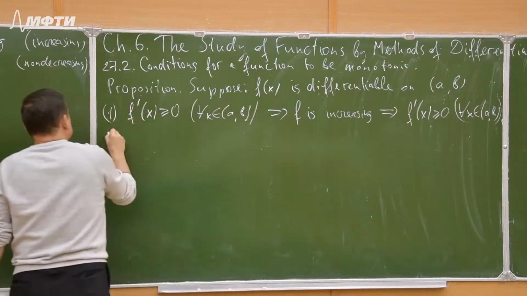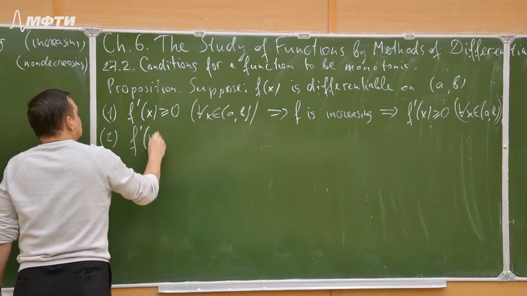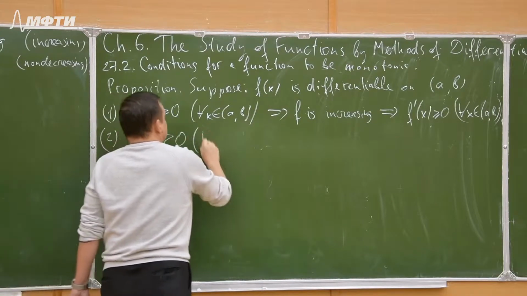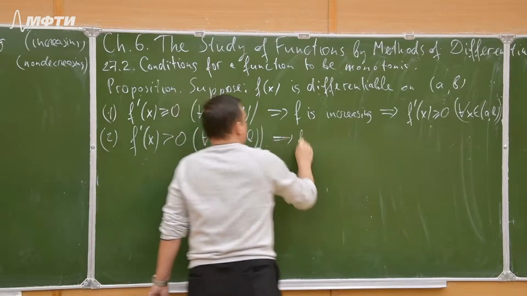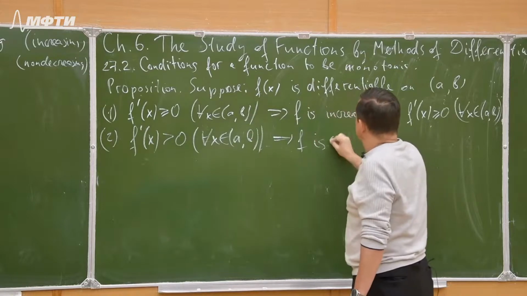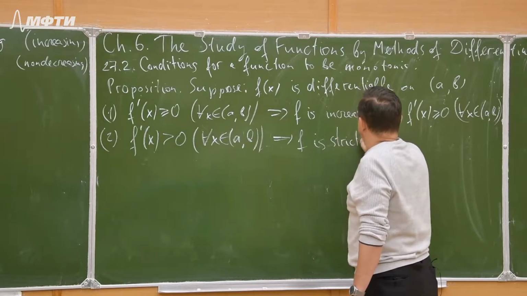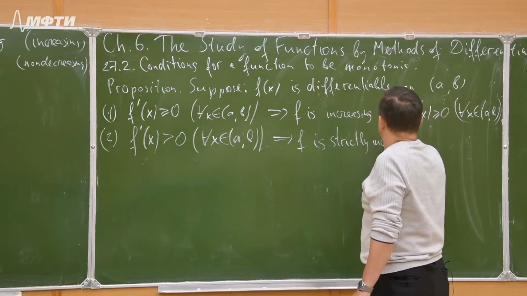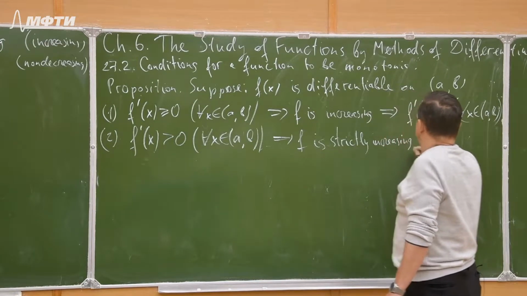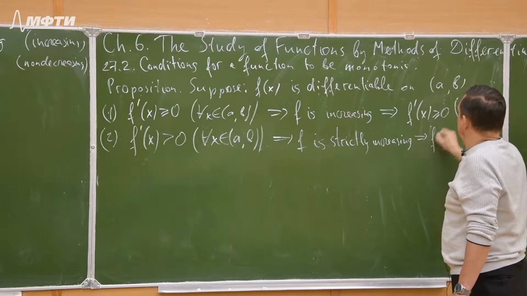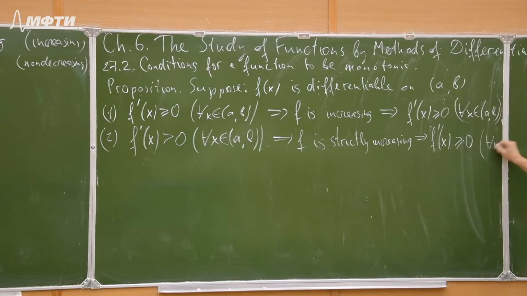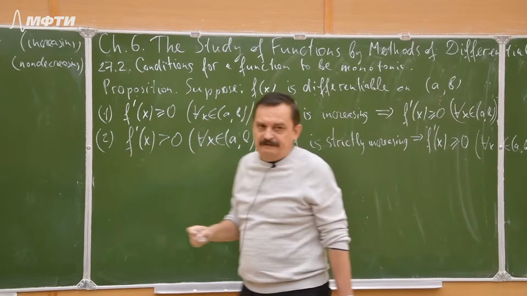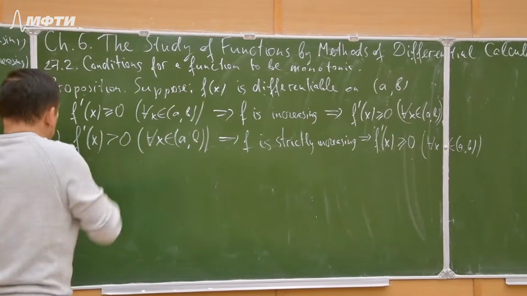Second, if the first derivative is positive for all x in the interval, then for sure f is strictly increasing, and then f prime of x is non-negative only for all x. So we cannot assert strict inequality here, unfortunately.